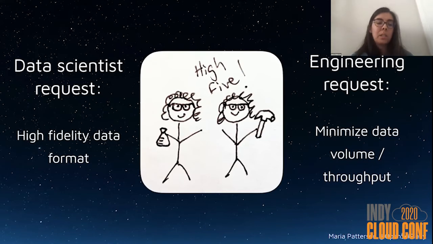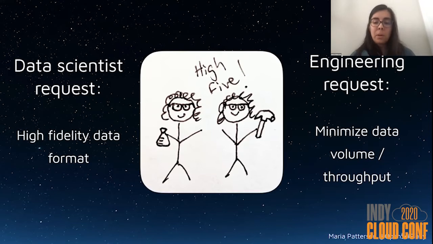So I want a high fidelity data format that's really robust. It's going to be able to treat all the parameters appropriately, as floats or as integers or whatever we need. And if I'm an engineer, I'm going to say, this is too much data. Can you please minimize the volume and the throughput so that my life is easier in general?